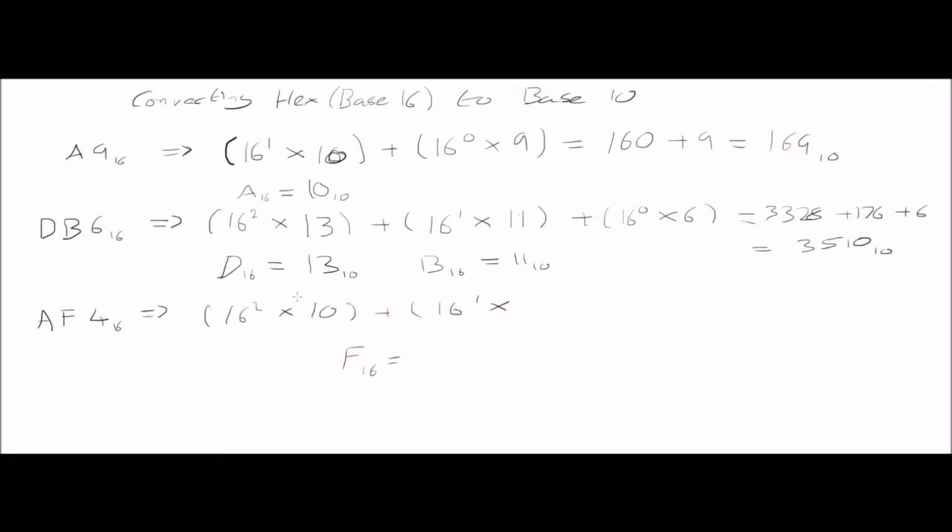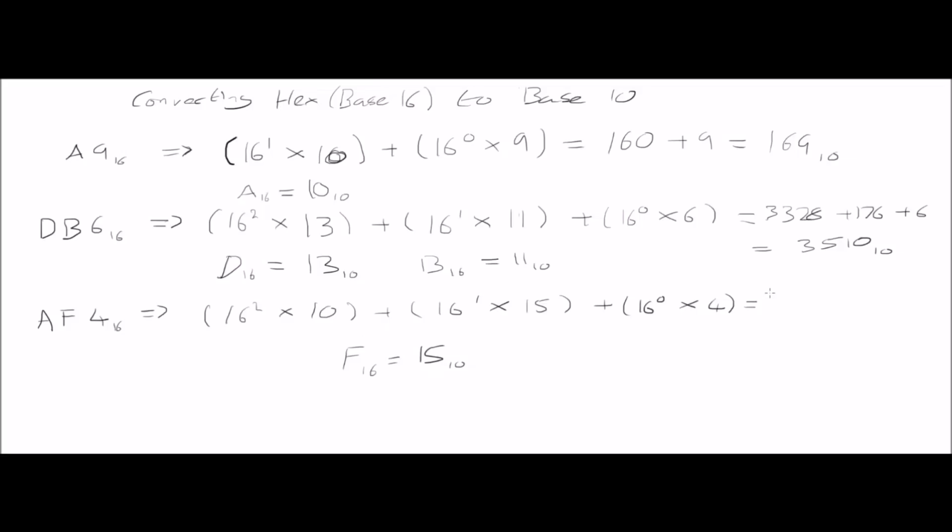If D is 13, then E is 14, then F is 15. So 15. So we're going to times that by 15. And then we're going to add 16 to the power 0 times by 4, which is just going to be 4.